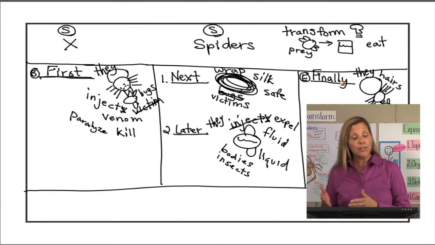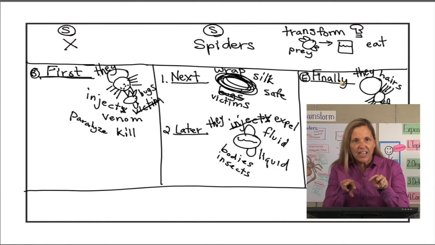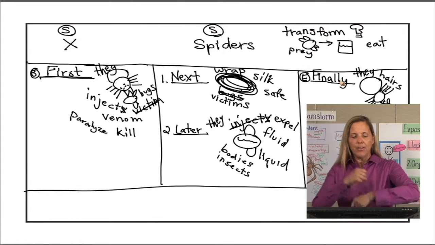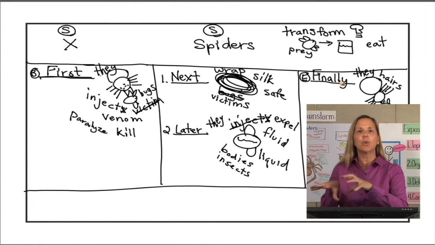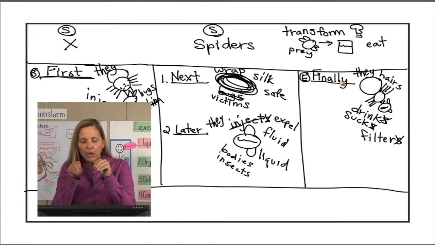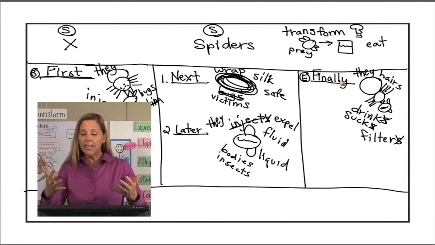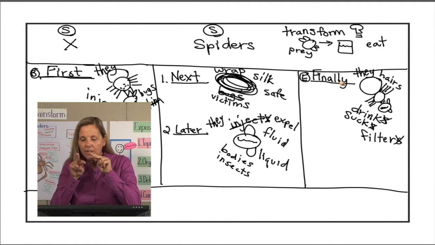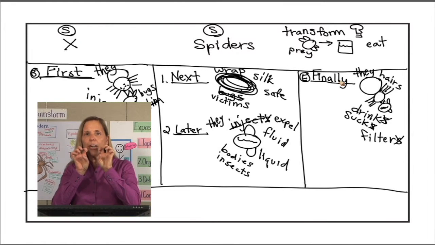First, they inject bugs with a venom to paralyze or kill them. Next, they wrap their victims in silk to carry them off to a safe place. Later, they expel a fluid inside the bodies of the insect so they can turn them into a liquid. Finally, they use hairs at the end of their mouth as a filter to drink the liquid.